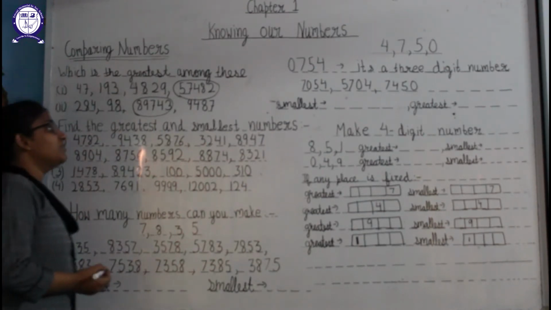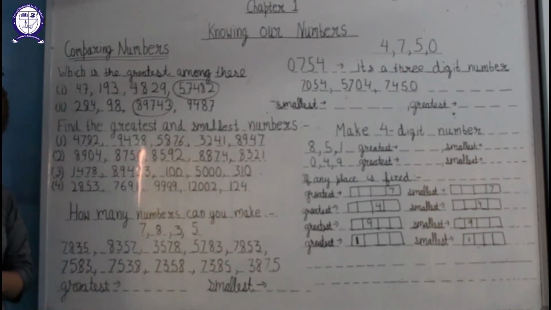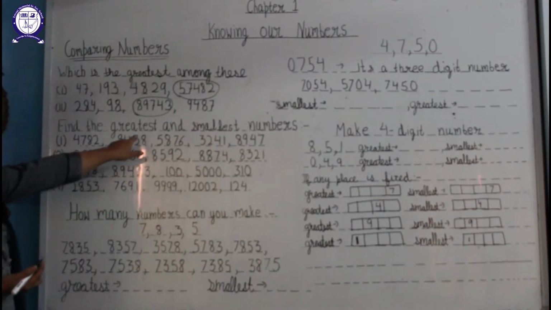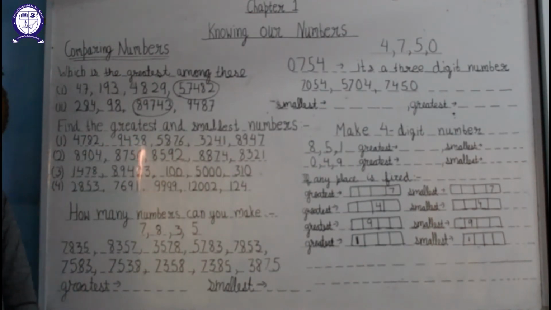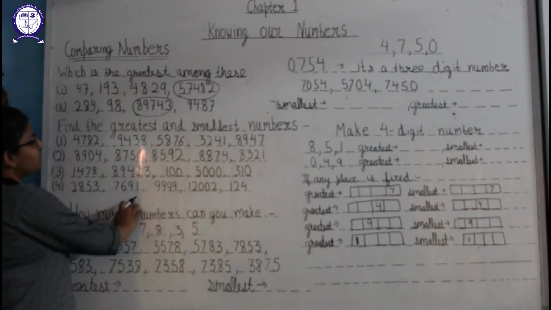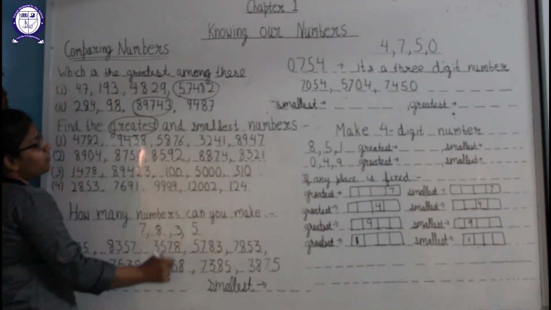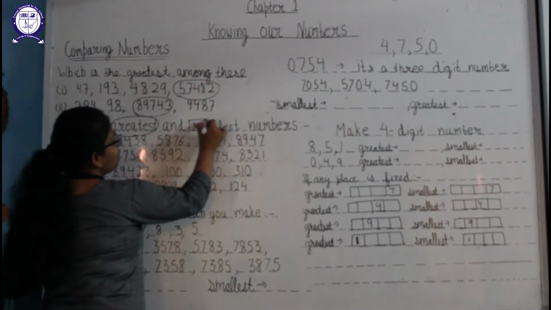Now if we are given the same number of digits, like in this question, all parts have 4-digit numbers. We have to tell which number is greatest and which is smallest. We will circle the greatest number and make a box around the smallest number.